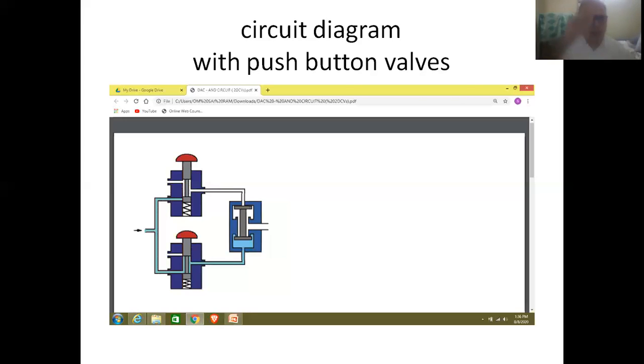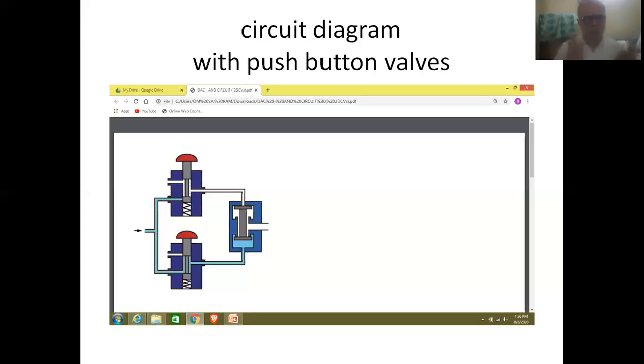In the first position, the inlet will be in contact with the outlet, and in the second position, the outlet will be in contact with the exhaust port of the DC valve.